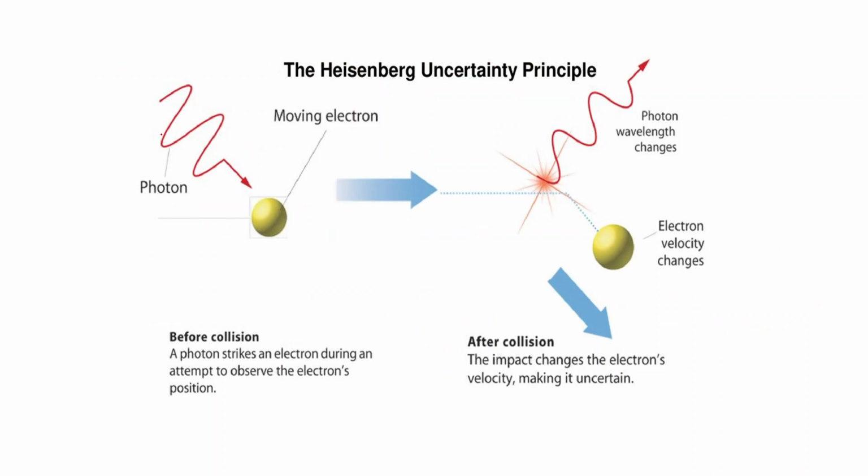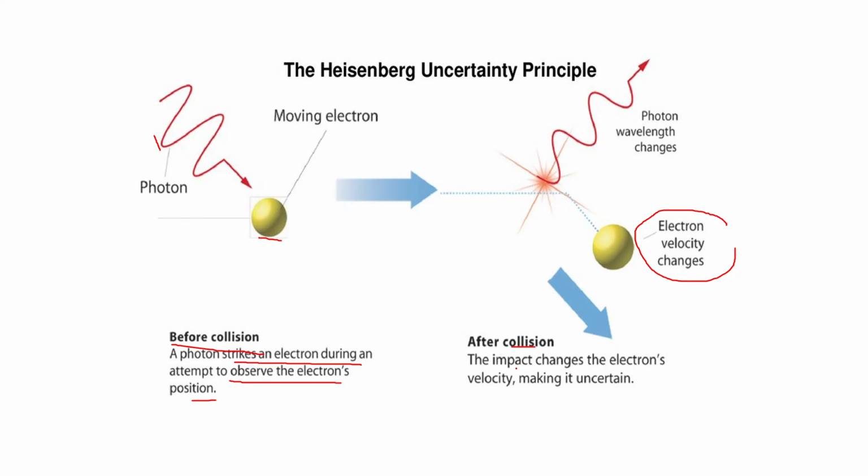You can see from this diagram. This is before collision. A photon strikes an electron during an attempt to observe the electron's position. This indicates the photon. This is the moving electron, and after striking, what happens? We can say this electron's velocity changes.